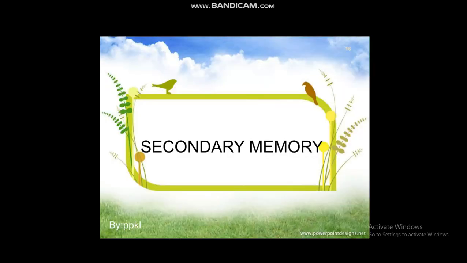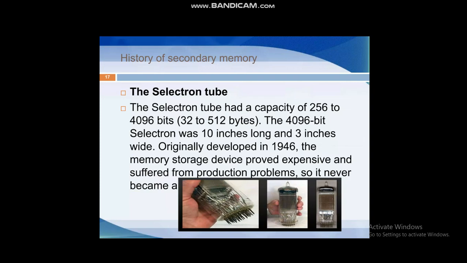Secondary memory. History of secondary memory. The Selectron tube had a capacity of 256 to 4096 bits, 32 to 512 bytes.